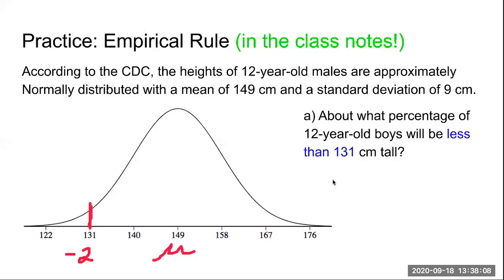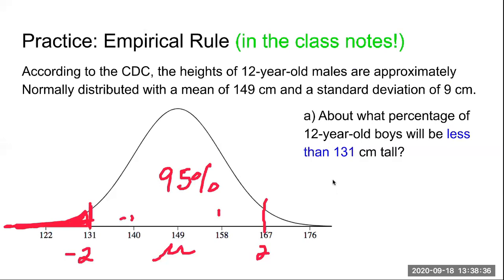So there's a couple different ways that you could calculate this. But one approach you could use is what percent of observations are within 2 standard deviations of the mean. That would be 95% are within 2 standard deviations. And we want to know less than 131. So we want to know this area, less than 131.